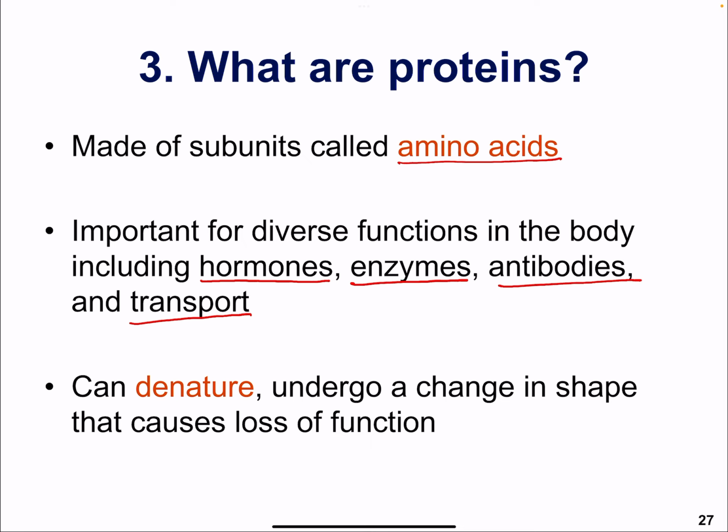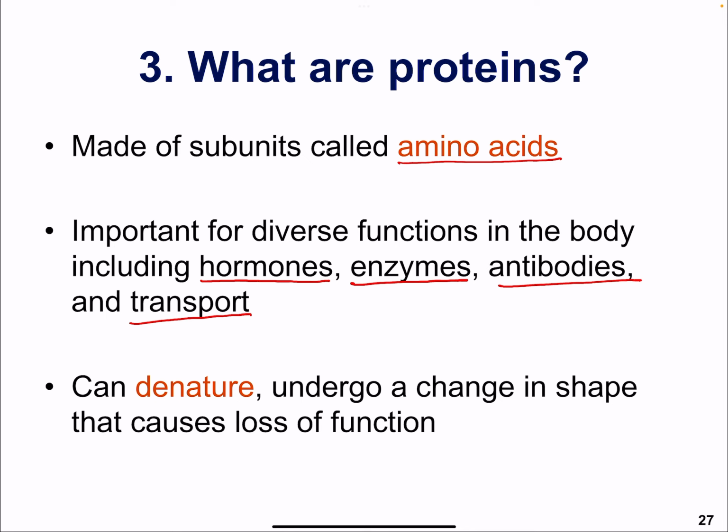Now, one thing that is very important for you to remember about proteins is that these molecules are very sensitive to temperature change, they are sensitive to pH change, they are sensitive to radiation. So any extreme change is going to cause a loss in the shape and the function of a protein.